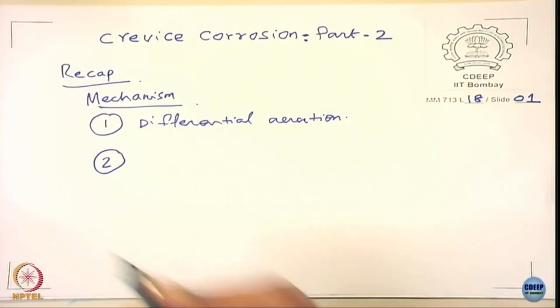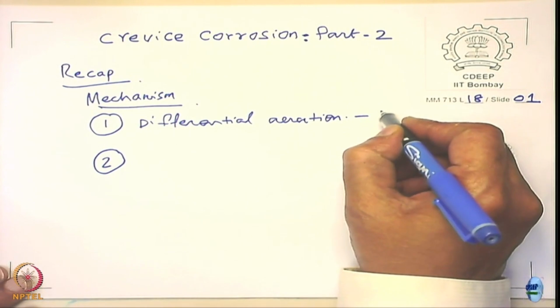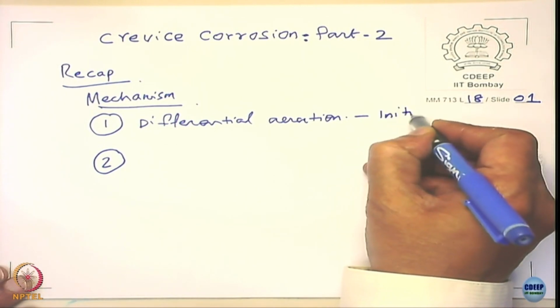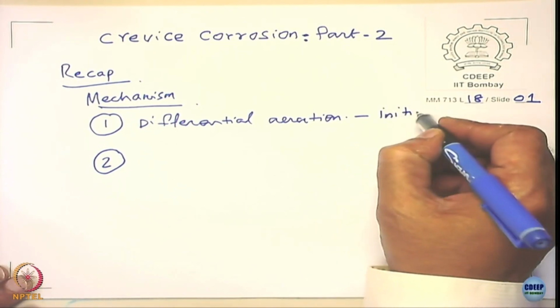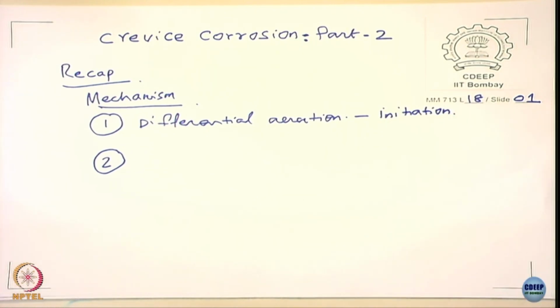So what happens again in the crevice? What drives the crevice corrosion? What is the difference between inside and outside the crevice? One is the oxygen concentration to start with. Subsequently, what happens?